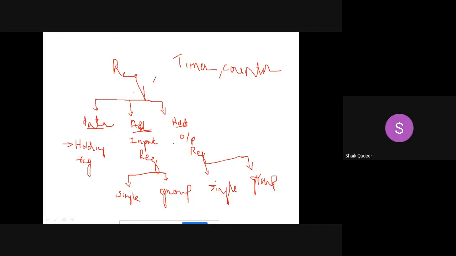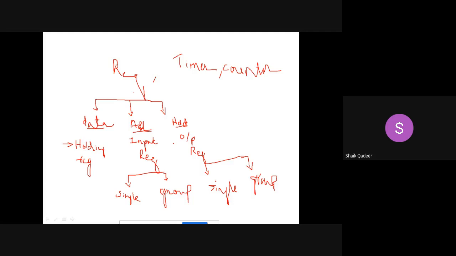Registers of PLC. In PLC, the registers can be used for two purposes.